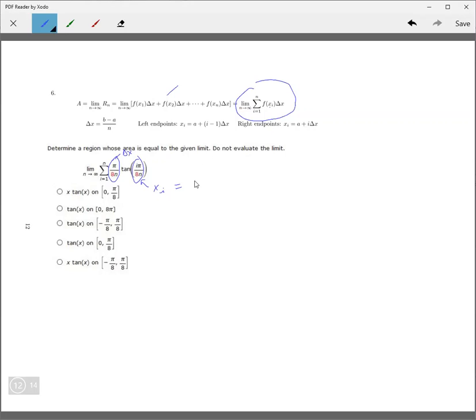So xi would be i pi over 8n, and it looks like it's going with the right endpoints. Since it's not some number plus this, that probably indicates that A is 0, meaning the left endpoint has to be 0, which would be this one and this one. This doesn't, and that doesn't, so I could probably safely throw those out.